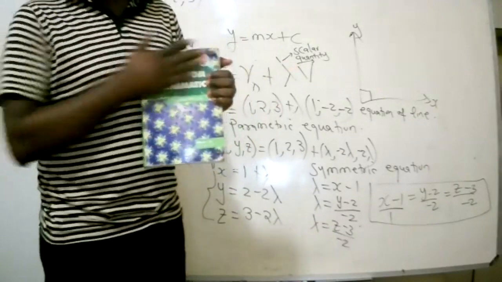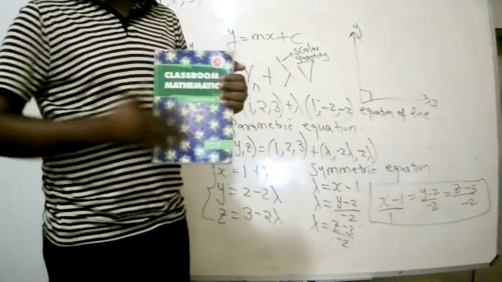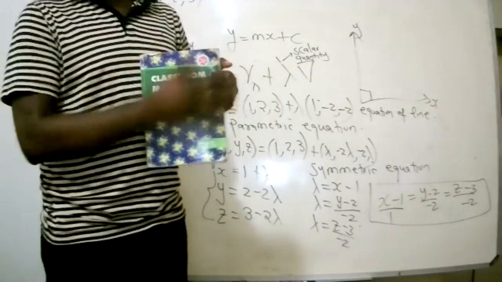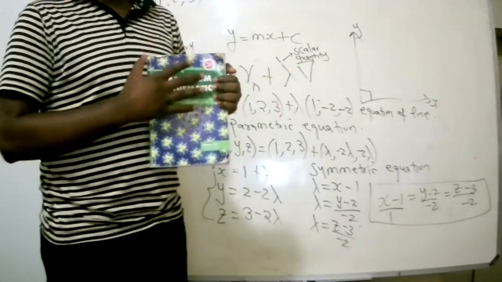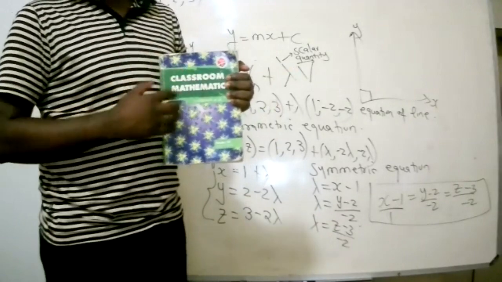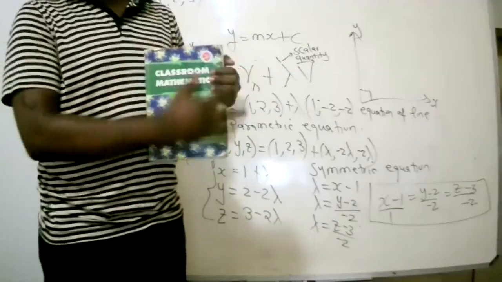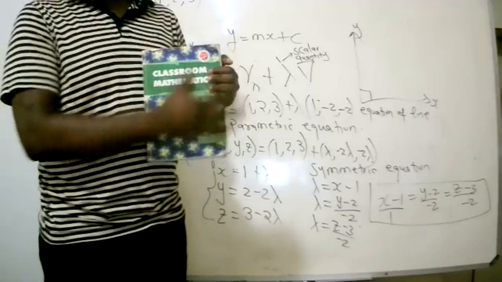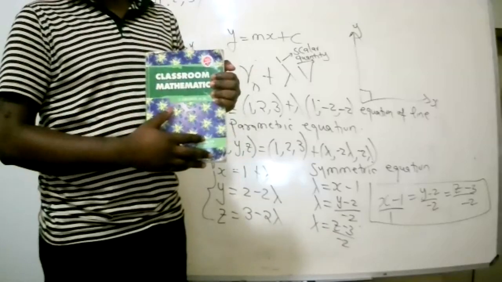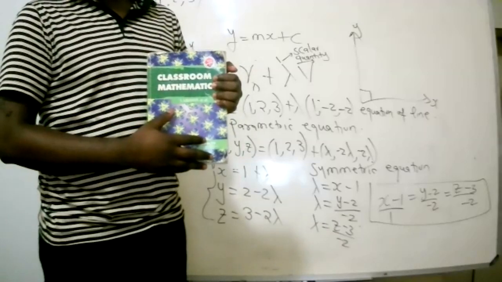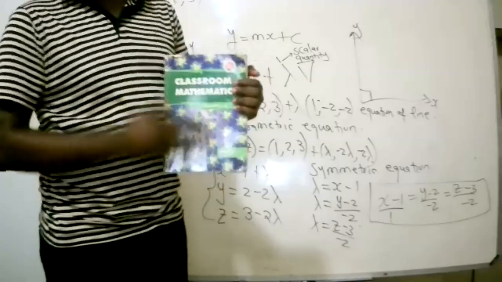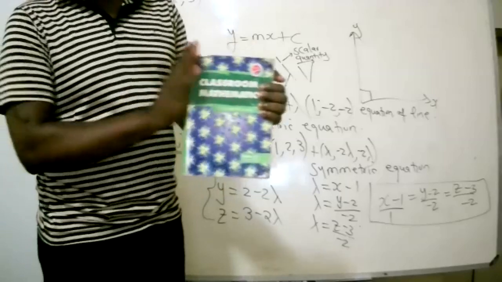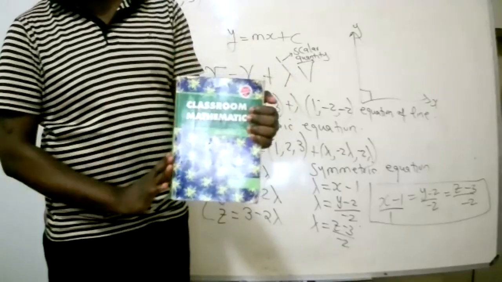If we want to find the equation that represents this whole book, we are no longer talking about equation of a line. We are now talking about equation of a plane, because it will be representing all the points that are here on this surface. But it's not just this surface.